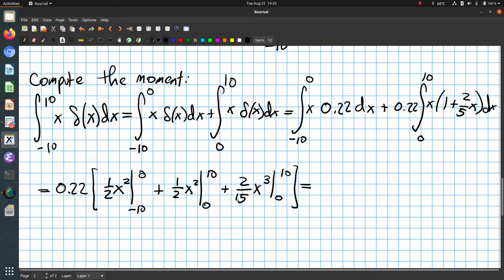And putting all the pieces together here, one thing to watch out for is your signs. So this is 0 minus 1/2 x 10 squared. That's 100. And then this one comes in with a plus.